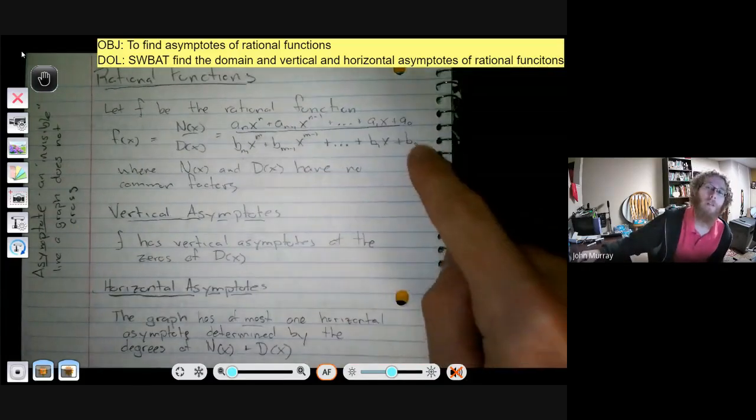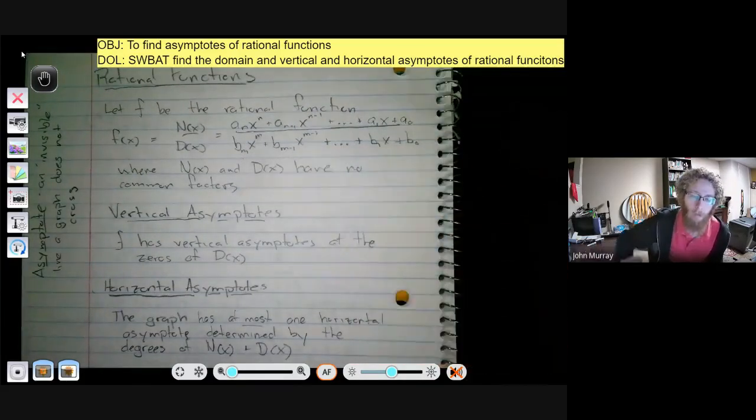So when your denominator function is equal to 0, that poses a problem. That's an error. So that's what an asymptote is. It's saying that this number can't be plugged into your function. So it's stopping the graph at that point, or at that line, x equals whatever.